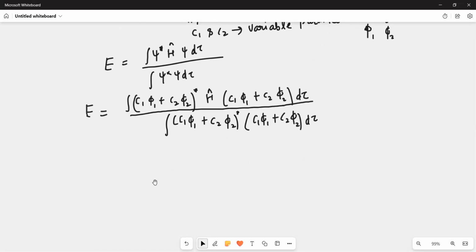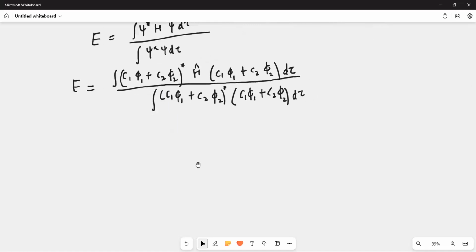You know phi1 and phi2 are eigenfunctions and these are real functions. So let's multiply or solve these integrals.